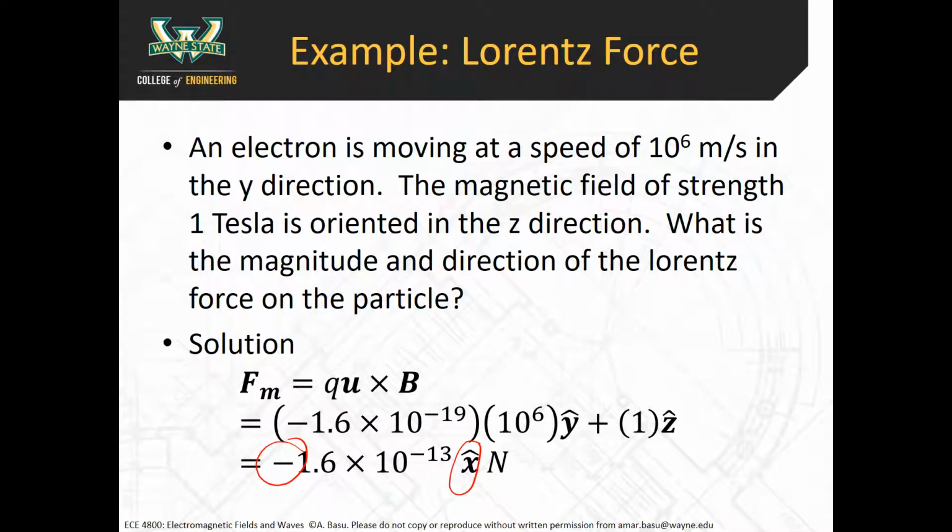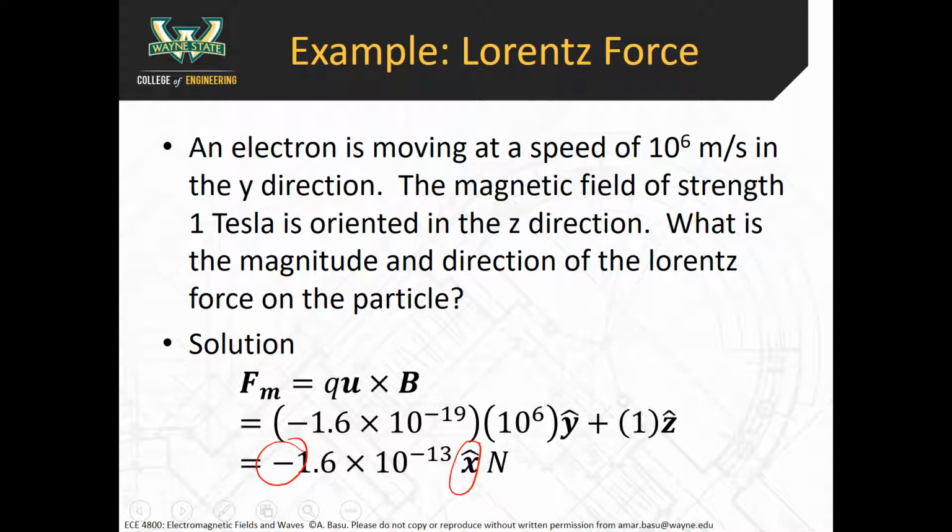Okay. So when we have the directions, the other part is fairly straightforward here because everything is 90 degrees with each other. Everything is orthogonal. So in this case, we just have to multiply them out. So 1.6 is 1.6 times 10 to the negative 19. That's the charge on an electron.